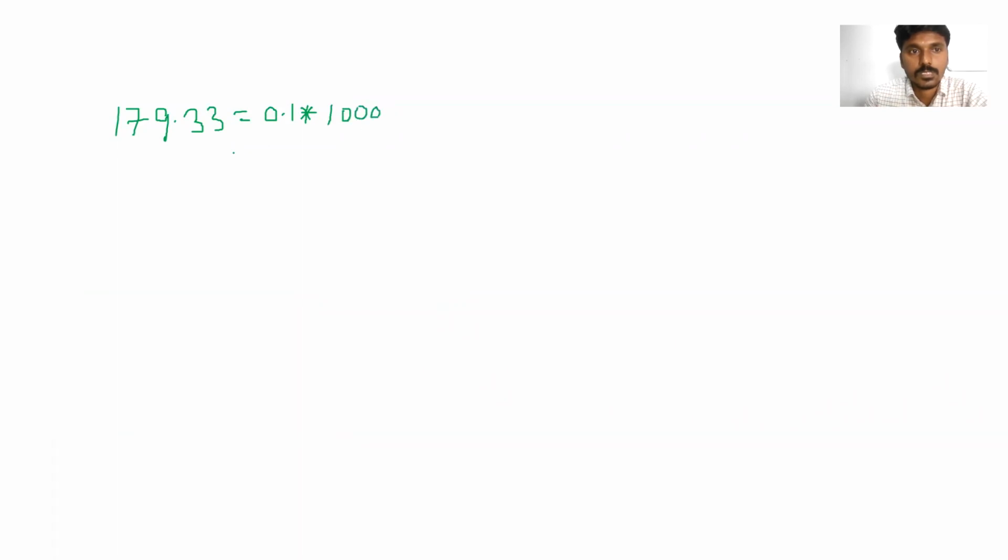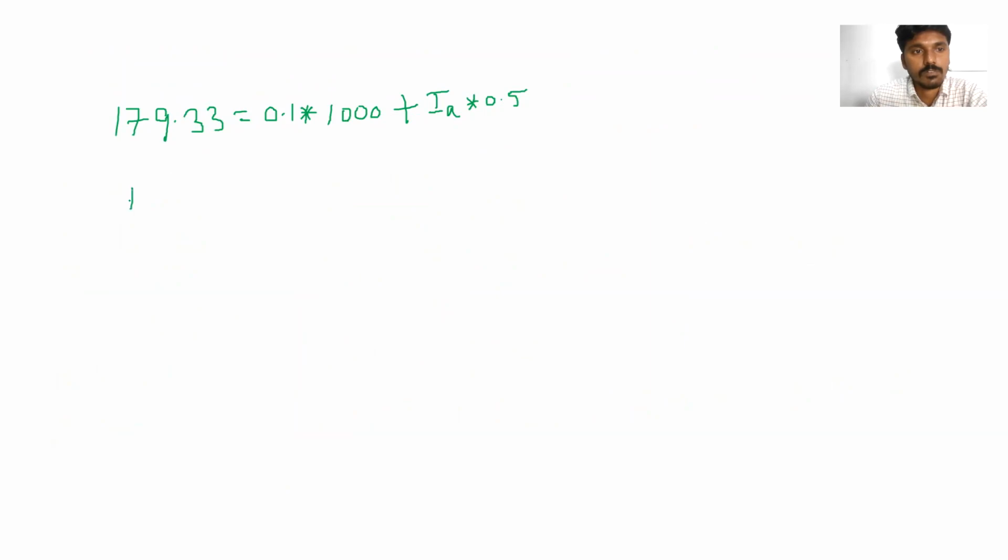Plus IA into, what is the value of RA? 0.5. So now we can easily find the value of armature current, because all are constant values.